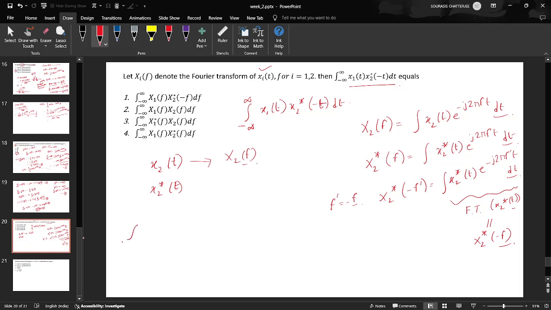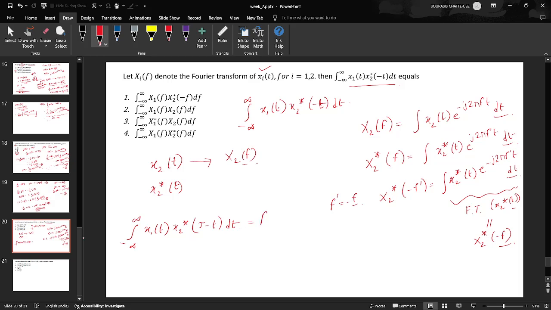Now with that, let us compute this one here, the integral from minus infinity to infinity of x1(t) x2 star(tau minus t) dt. So what is this thing here?